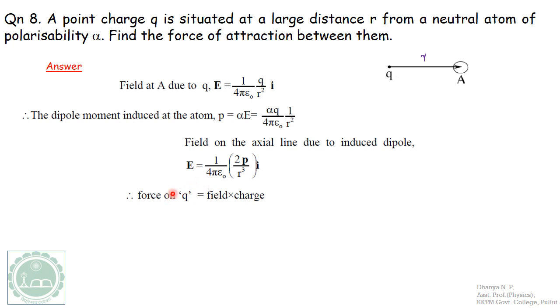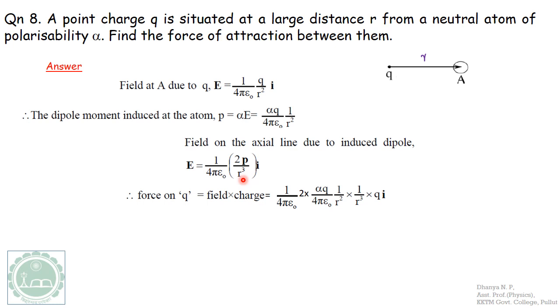And we have to calculate the force of attraction between them. Force equal to field into charge. Field, we are substituting 1 by 4 pi epsilon 0 2 by r cube into p, alpha by 4 pi epsilon 0 into 1 by r square, into charge Q, that much into i. This is for p.